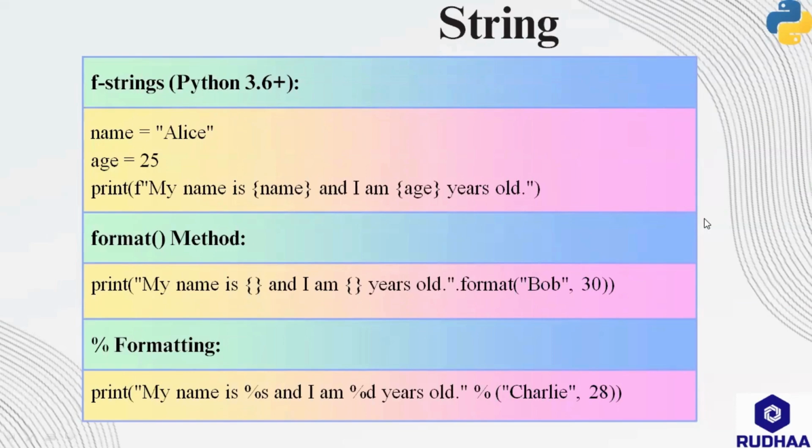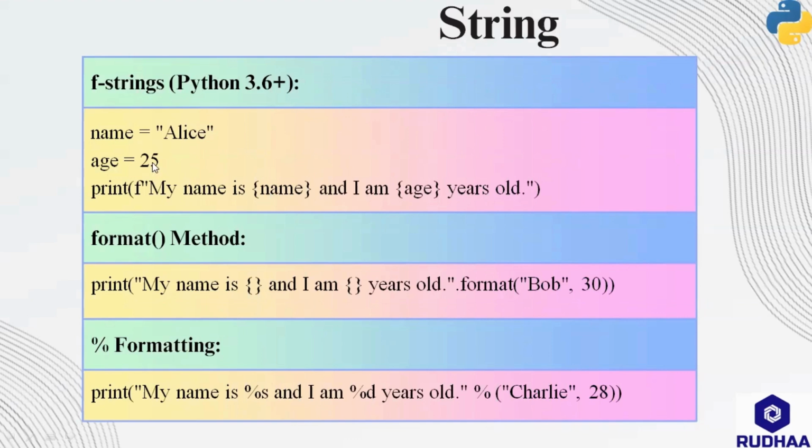So next is string formatting. So string formatting, already we have seen two methods. First method is using fstring and second method is using format method. And third method you have percentage formatting. So in fstring, this will be the syntax for fstring.